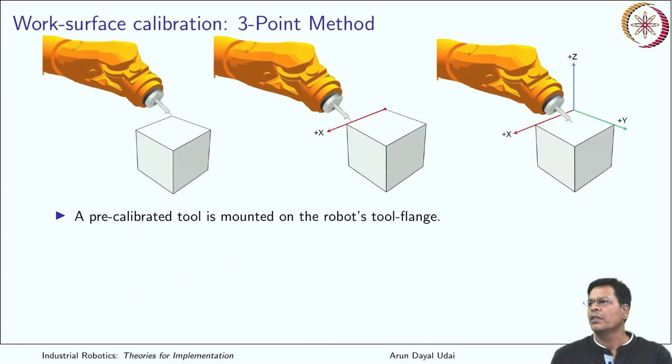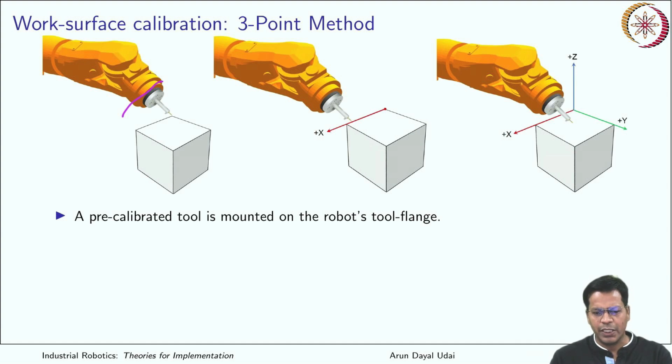Okay, so let us start quickly on 3-point method, how it actually does that calibration, how it actually finds out the orientation and position of your work surface with respect to the robot's base, that is work surface calibration. Okay, so basically pre-calibrated tool is mounted at the tool flange of your robot.